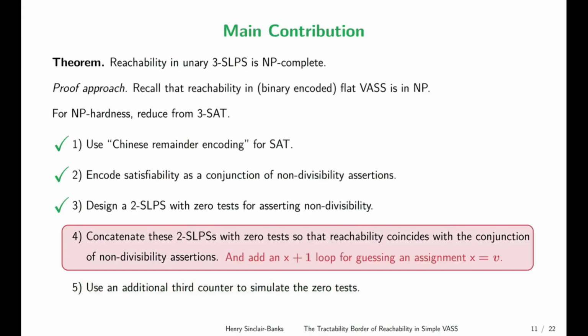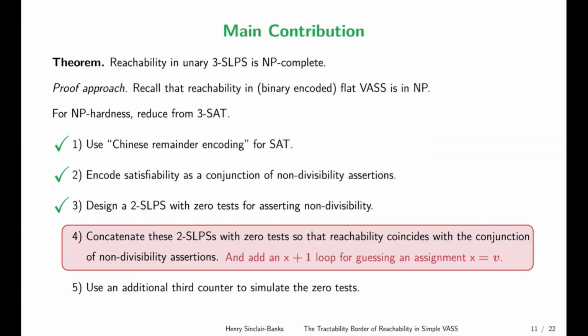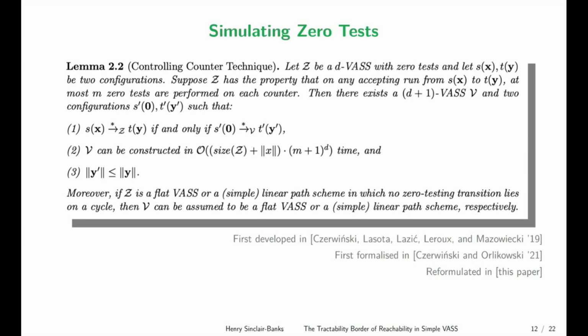Notice if you go back, this will only have 2 0 tests. And I said that we're going to do one non-divisibility assertion for something like the number of variables squared plus the number of clauses. So it's going to be a polynomial number of 0 tests in total, which is relatively small. And so I just feed this in. I will get out a d plus 1 dimensional VASS. That's the key bit.